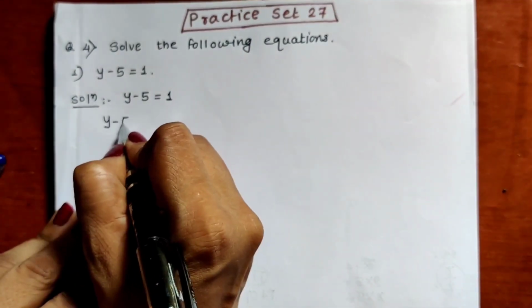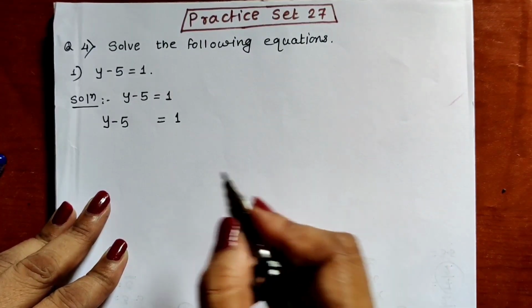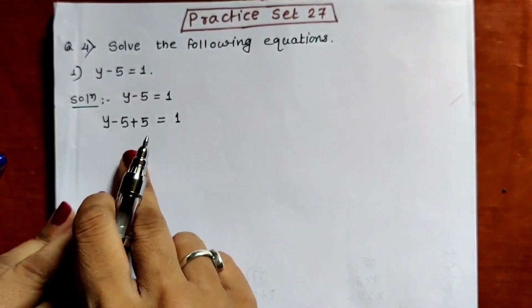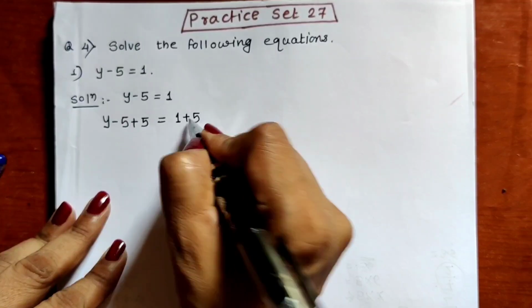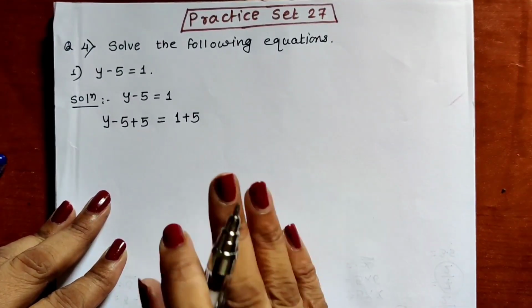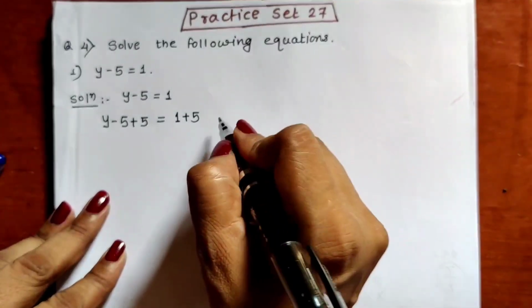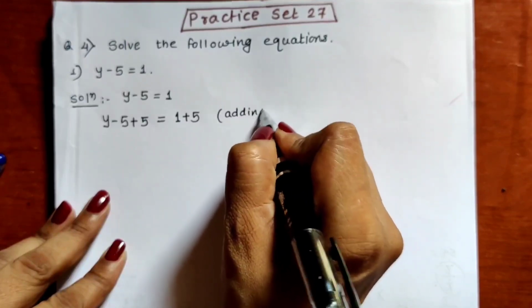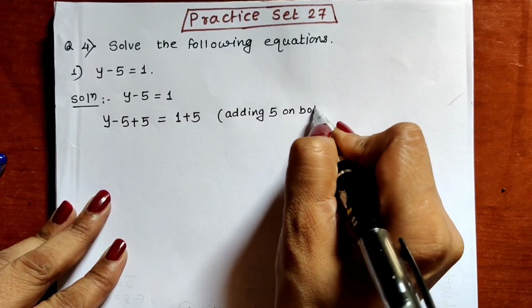So on the left hand side I have written, equal to 1 is the right hand side I have written. What I have to do? I will have to add 5. On the left hand side I have added 5. I have to add 5 on the right hand side. The same number should be added on both sides to keep the equation balanced. What I did? Adding 5 on both sides.